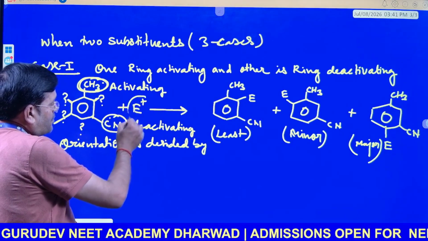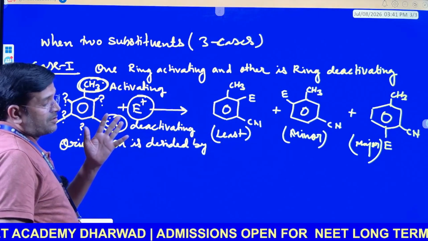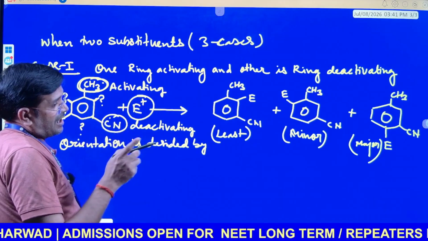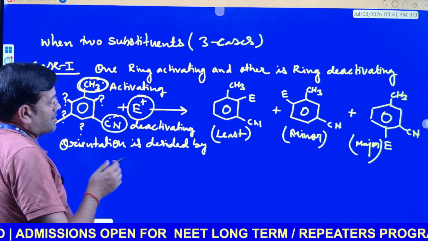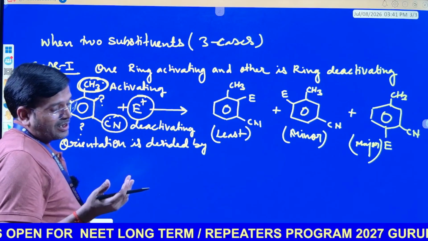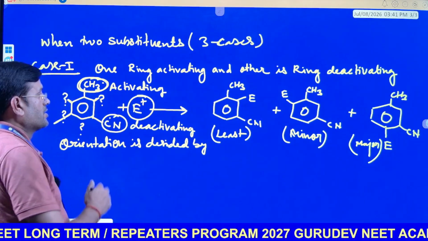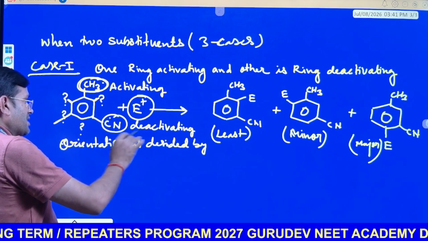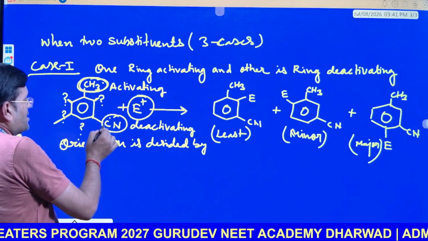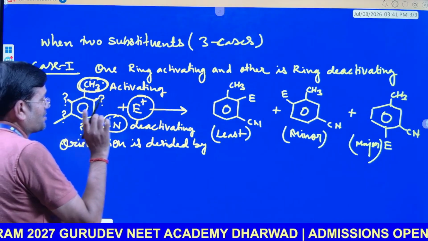I am writing in the standard form E plus. What does it mean? We have a total of 5 electrophilic substitution reactions, that is Friedel-Crafts alkylation, Friedel-Crafts acylation, halogenation, sulfonation and nitration. In the previous class I have already discussed in which electrophilic substitution reaction which type of electrophile is formed. So as far as this electrophilic substitution is concerned, these two are present and the orientation for the incoming electrophile is determined by CH3. Listen once again.